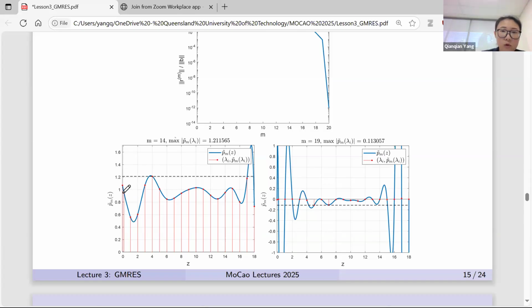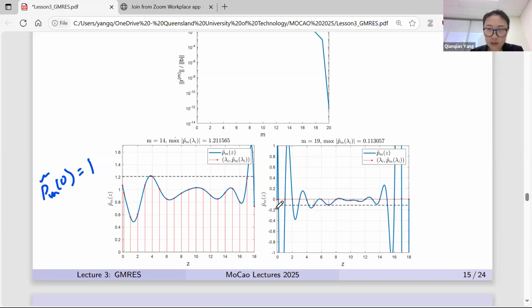With m equals 14, remember we also have another constraint, which is that p_m at 0 needs to be 1. The goal is to keep p_m small, and with m equals 14 it really struggles to keep p_m small at these two eigenvalues.